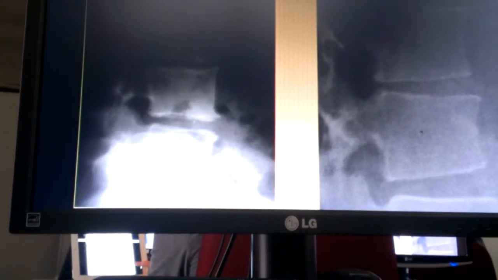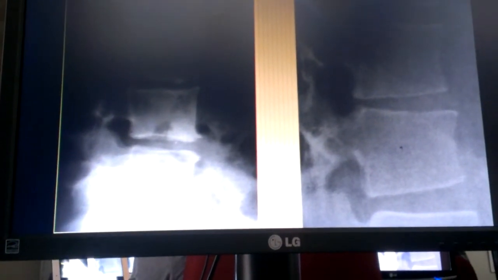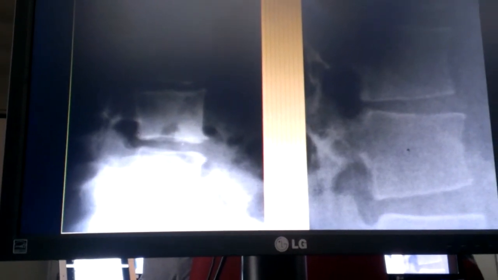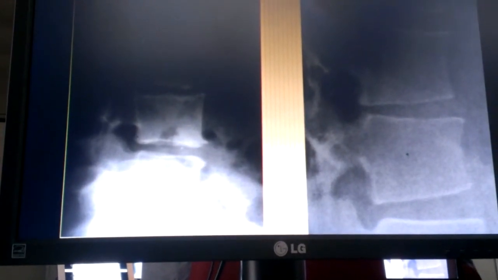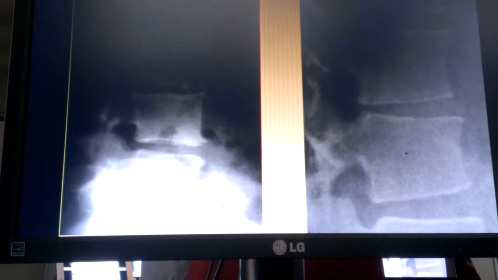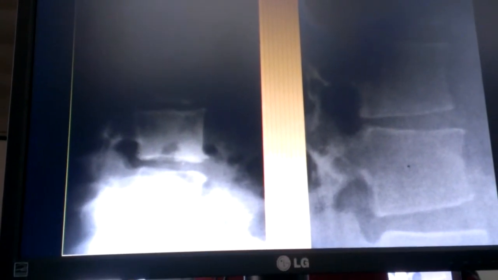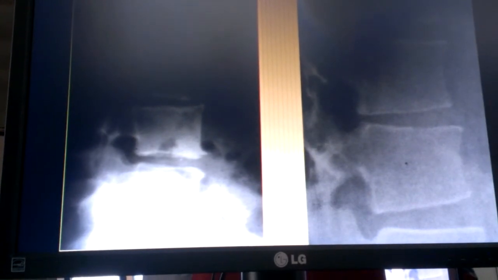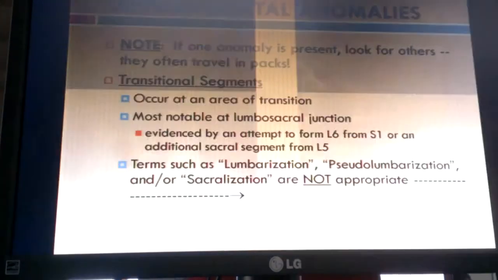But just because there's a decrease in the disc space, we see it at L5-S1, we see it at C3. It's just the way it is. Is that just the way it is? That this was almost a block vertebra? I don't know.